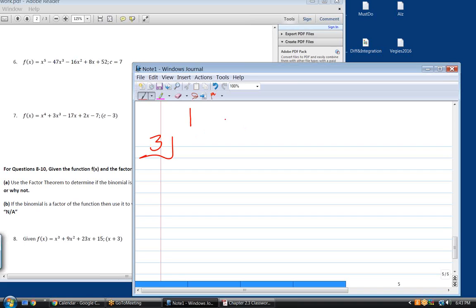So what goes across the top? 1, 0, 3, negative 17. 1, 3, 0. You have to always make sure you keep them in order. This is the x to the 4th term. This is the x cubed coefficient. This is the coefficient of x squared.